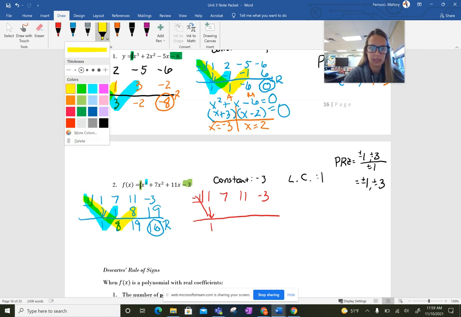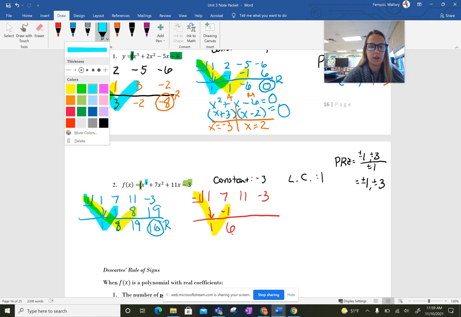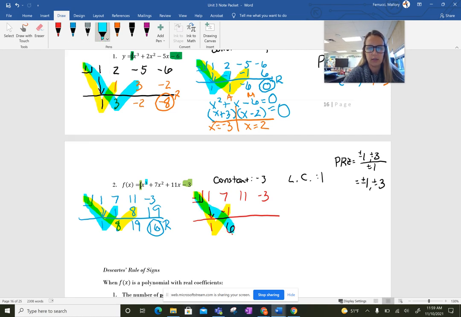So I get -1. This becomes a 6. Oh, that should be a 6. There we go. Okay, we're going to do another backwards check.